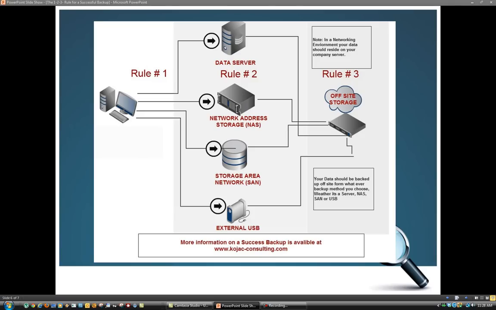Once we've backed up our original data from rule number 1, and rule number 2 dictates that data should be in a secondary location in a backup scenario, we also want to look at rule number 3. Now, rule number 3 is off-site storage, which can be backed up to somewhere in what they call the cloud.